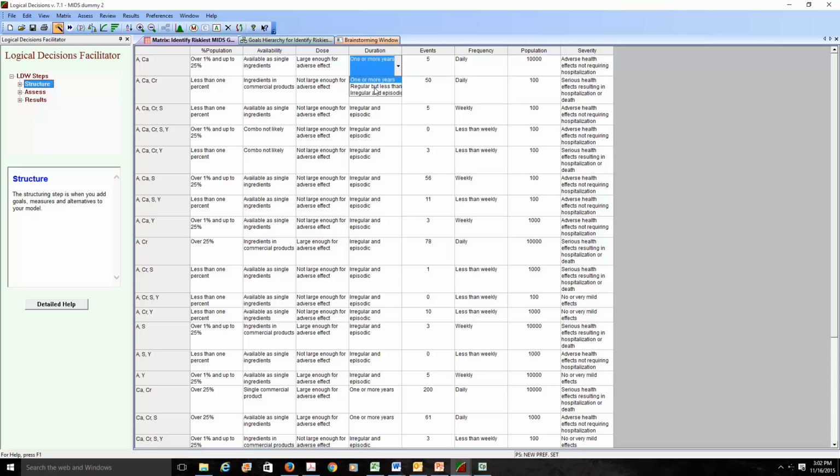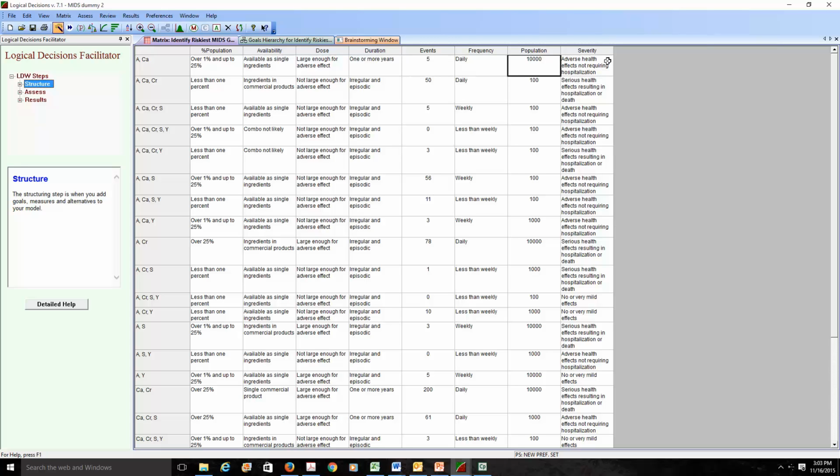And we also have regular but less than a year. The number of events recorded in the literature is quantitative. The frequency with which the dose is taken would be daily, weekly, less than weekly. The population of people who are prone to take these drugs was also quantitative.